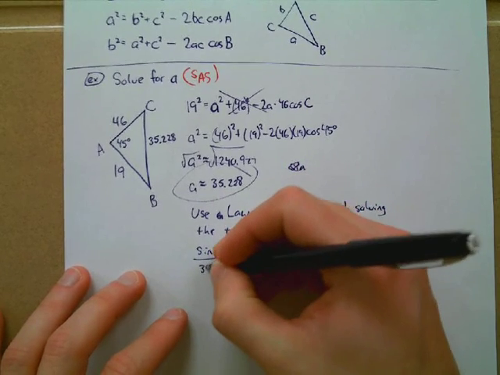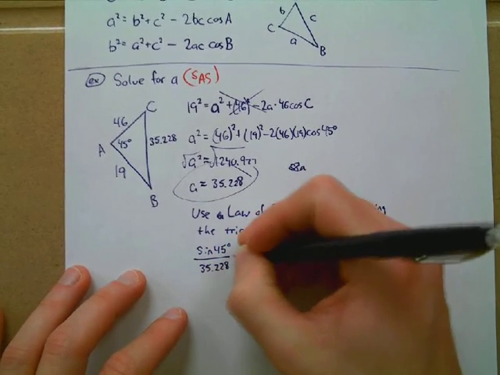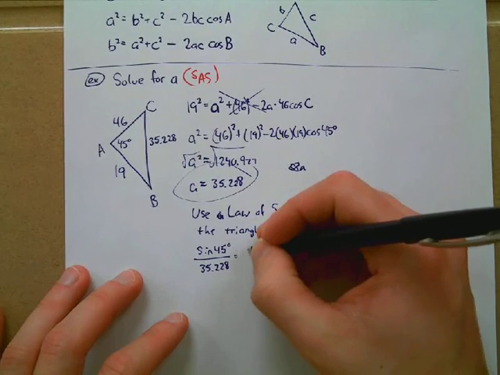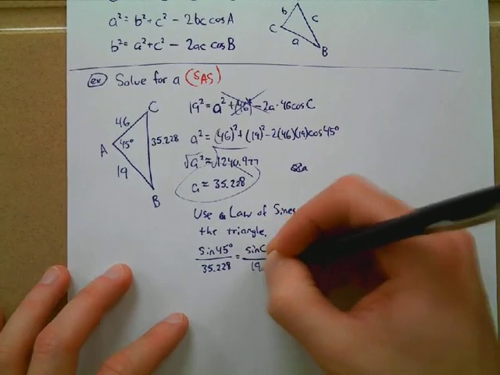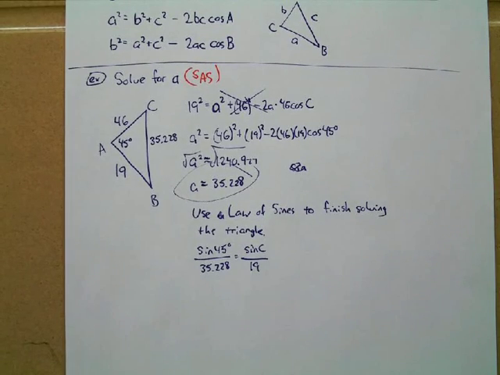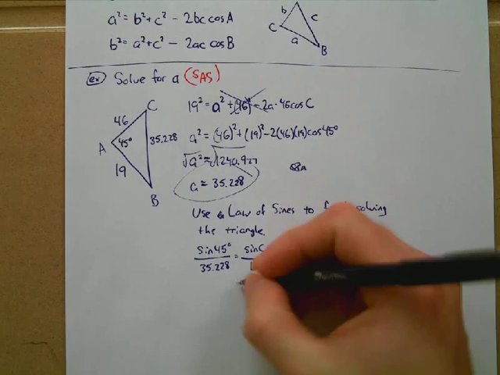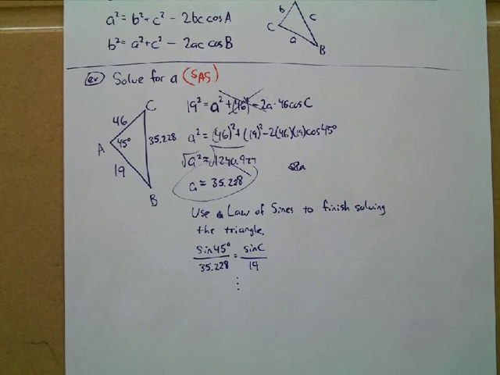And we'll just solve for sine of c over 19. Okay? So we just cross multiply and solve there. And I think you would get, let's see here if I can do this real quick, inverse sine of 19 sine 45 over 35.228.